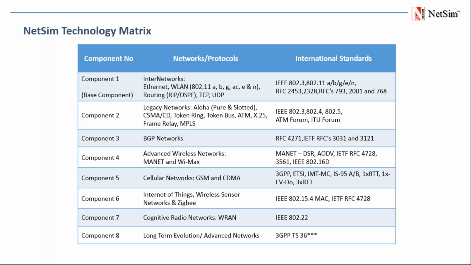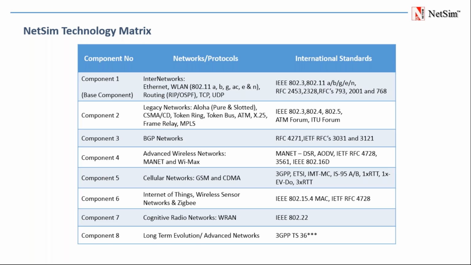Similarly, component 2 consists of networks based on legacy networks, that is Aloha, pure and slotted, CSMA/CD, token ring, token bus, ATM and frame relay, etc. Then component 3 consists of BGP, the Border Gateway Protocol, and component 4 contains advanced wireless networks, that is MANET and WiMAX, mobile ad hoc network and WiMAX.